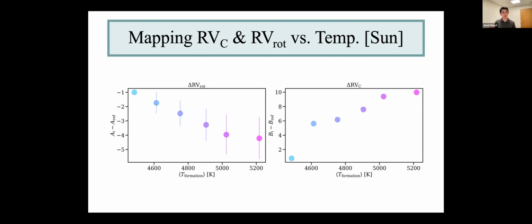So here we're looking at the sun. On the x-axis, we now just have that mean temperature. What we've done is we've now mapped out the strength of the rotation perturbation and the strength of the convective perturbation as a function of temperature, which, in something like the photosphere where the temperature to radius relationship is relatively straightforward, just means that we can literally watch as we probe deeper into the atmosphere how the dependence on these two perturbations is changing.